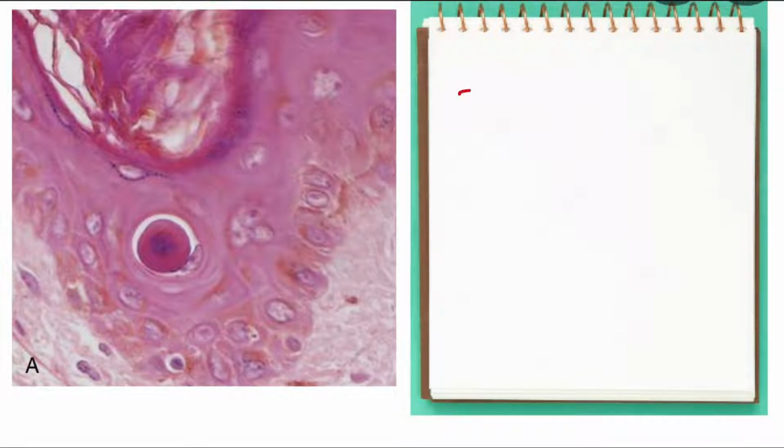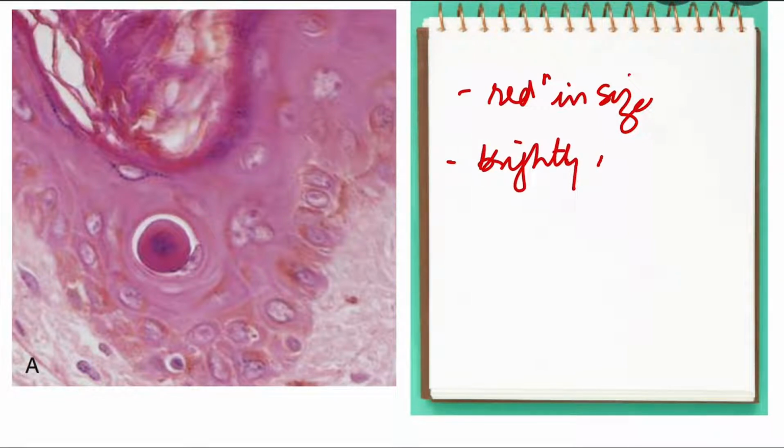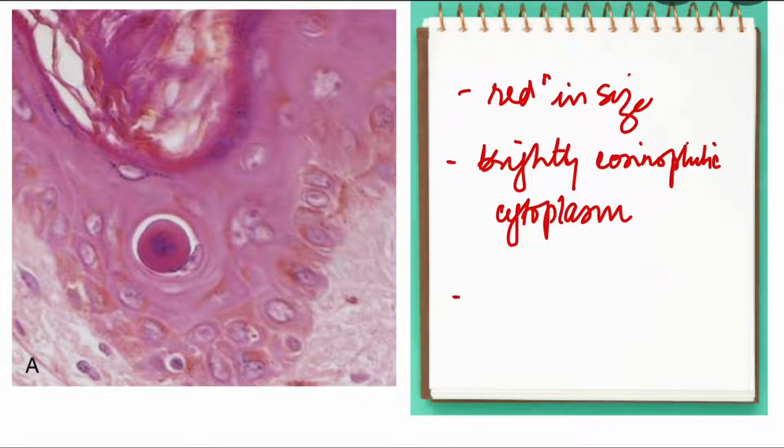So what features can we see? Reduction in size, brightly eosinophilic cytoplasm, and condensed nucleus.